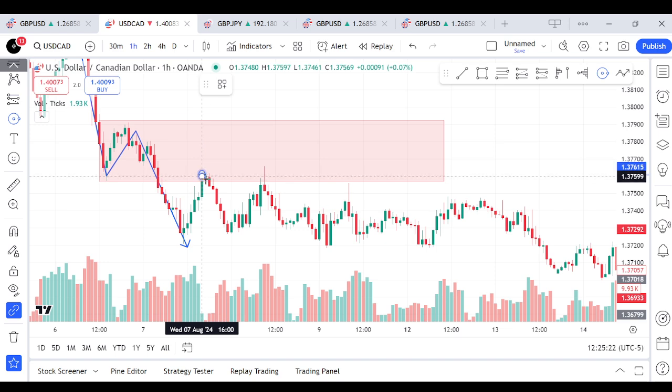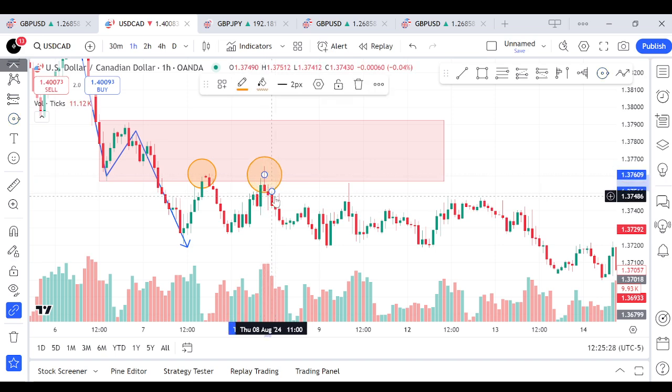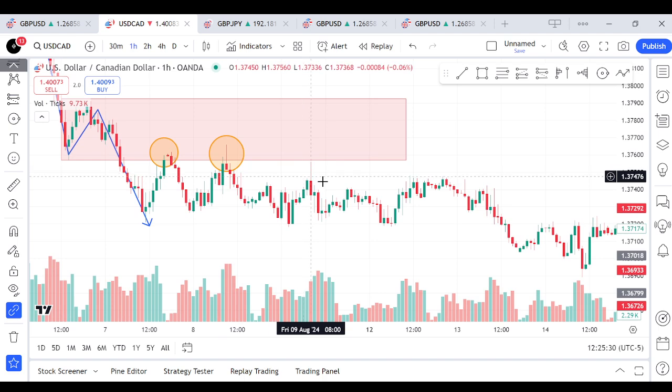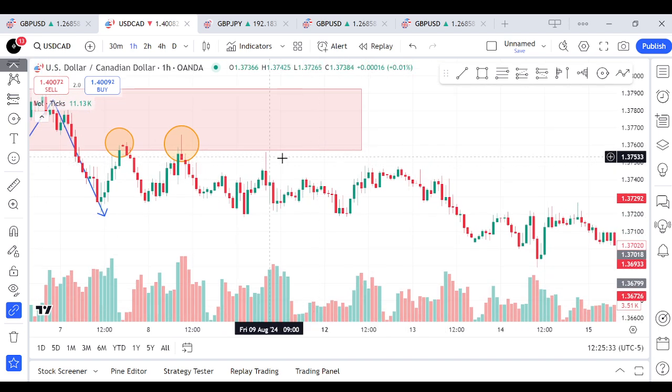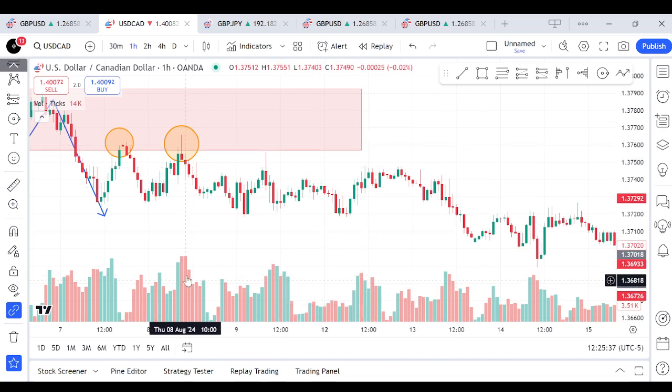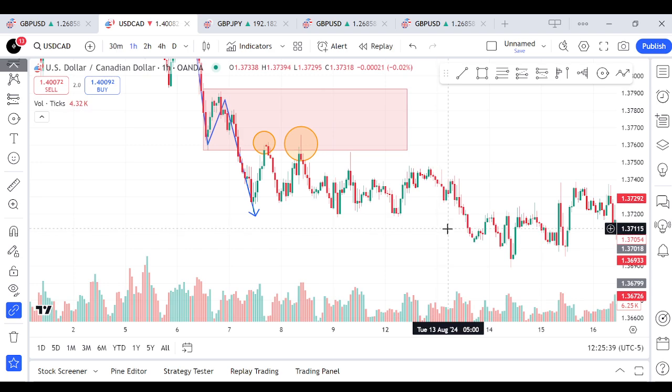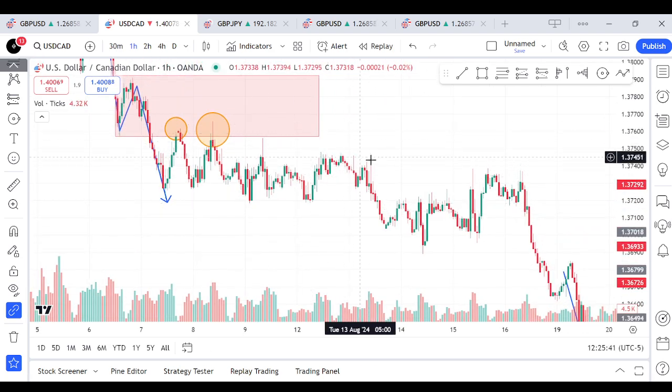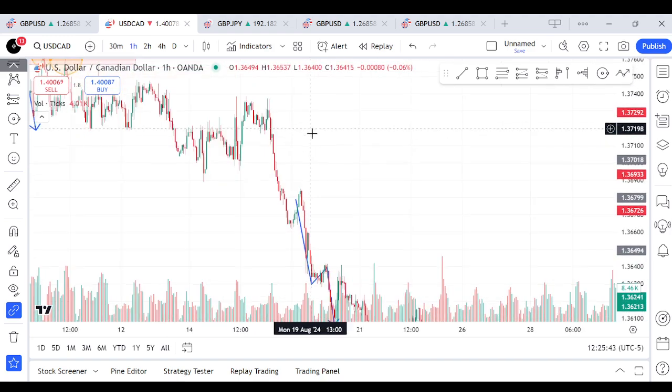You have the evening star here. You have the shooting star here, that rejection pattern, and a series of other rejection candles. You see the rising bearish volume. So all of this confirms that yes, we are expecting a continuous drop to the downside.